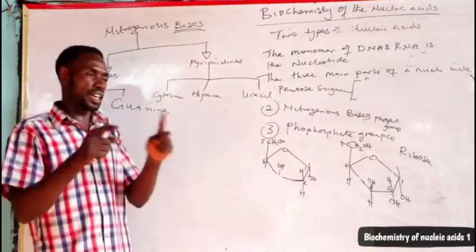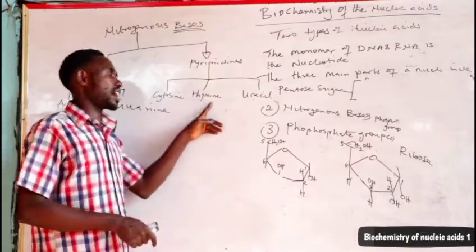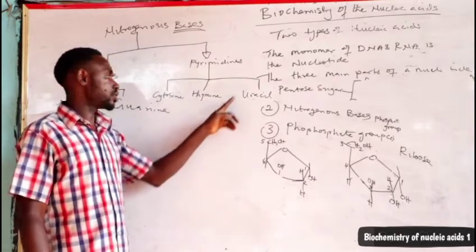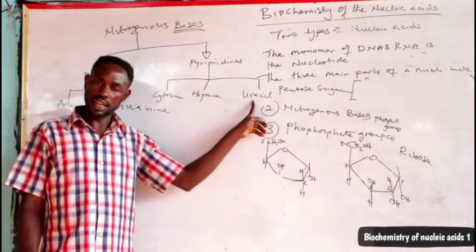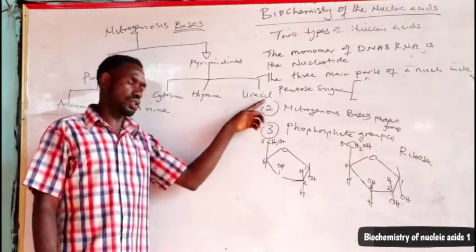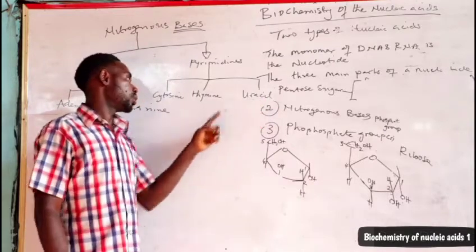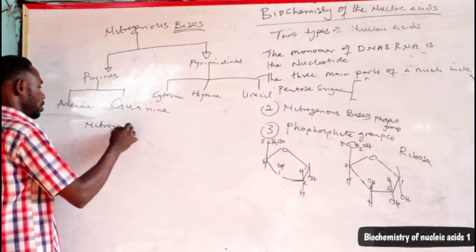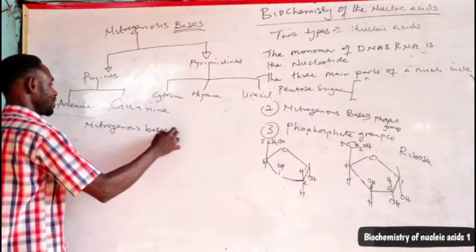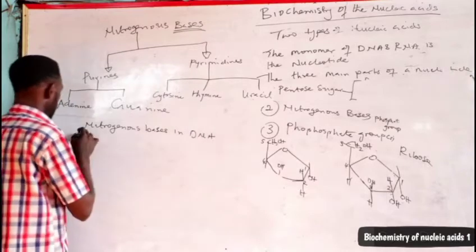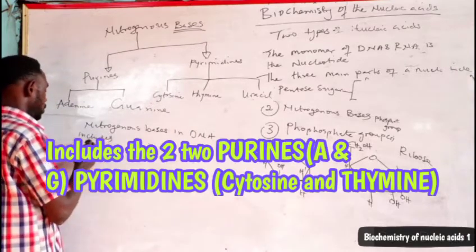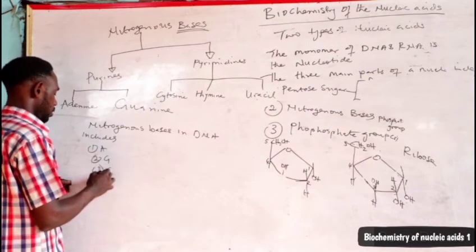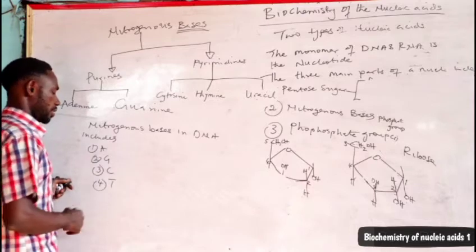But if you come to DNA, DNA has only cytosine and thymine. Thymine is only present in DNA. There is no uracil in DNA. DNA lacks uracil. So the nitrogenous bases in DNA include 1, adenine, 2, guanine, 3, cytosine, 4, thymine.